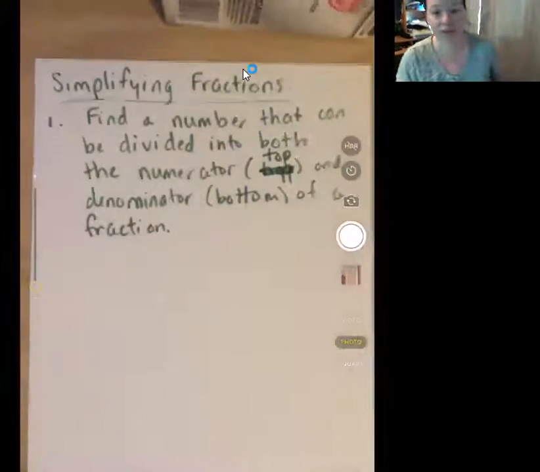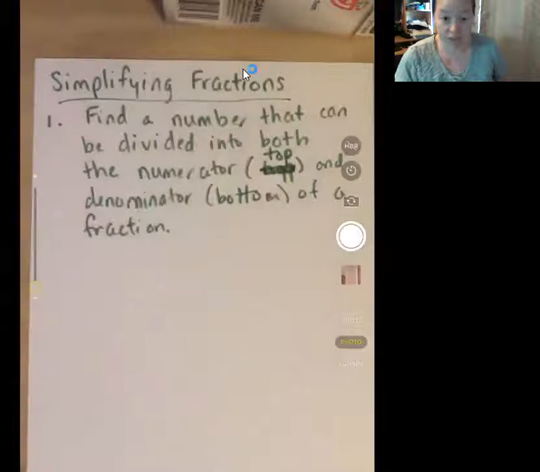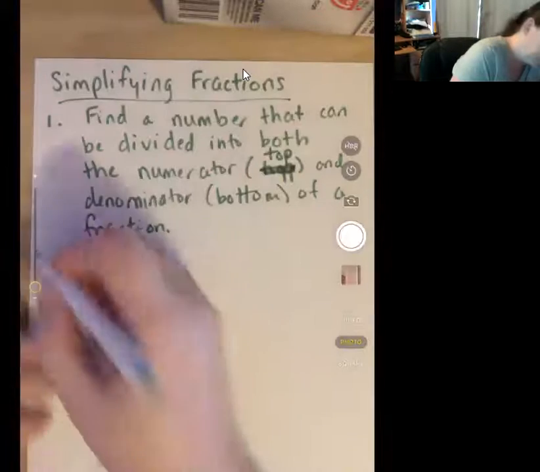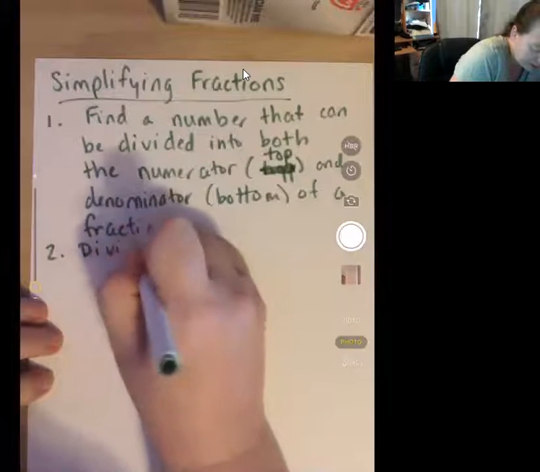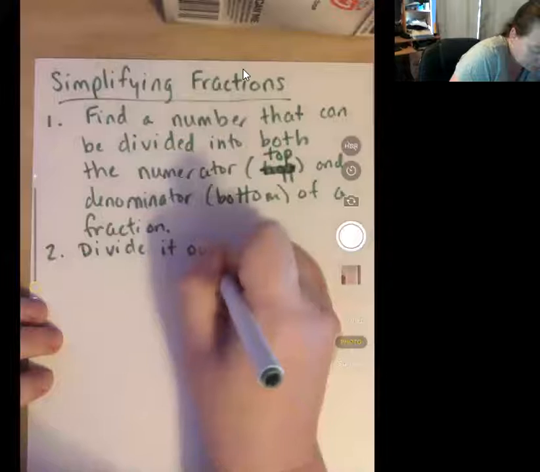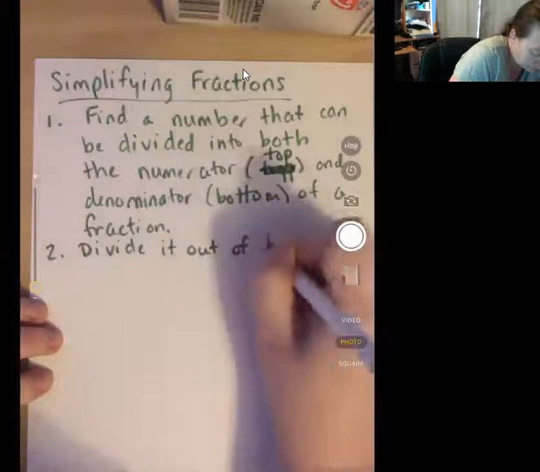There you go, top. So find a number that can be divided into both the numerator and denominator of a fraction. Two is divide it out of both.